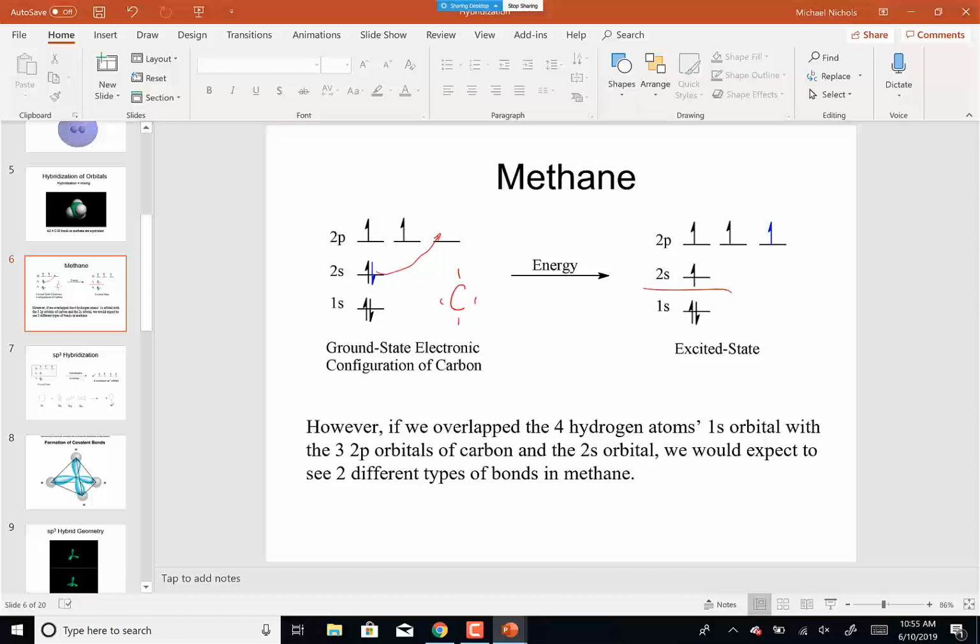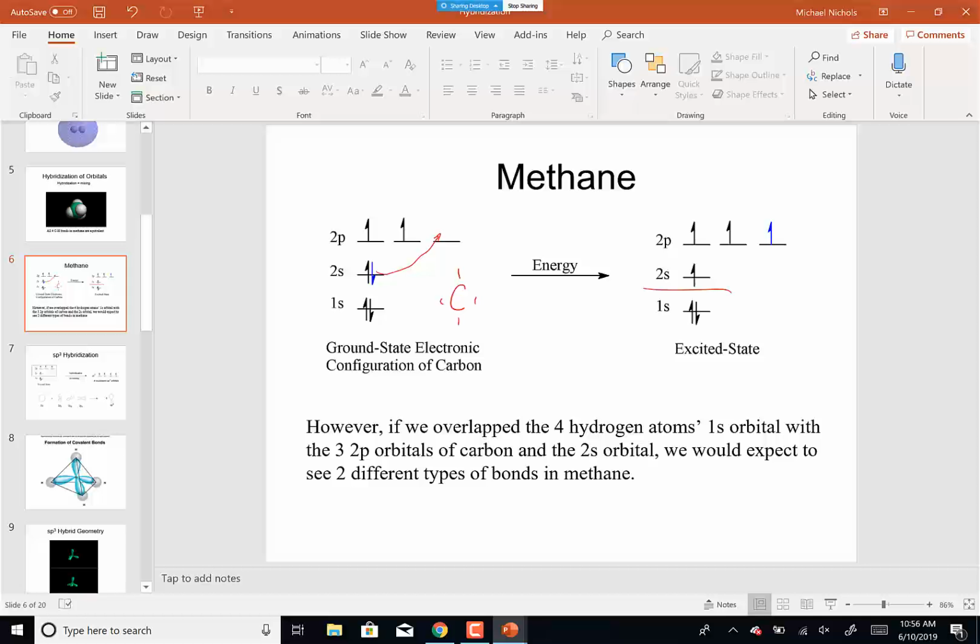The core electrons are never used in bonding in this class. So now we've got one S and three P's. Each orbital has an electron. Okay. One S, not going to bond. That's why carbon can't have 5 bonds.